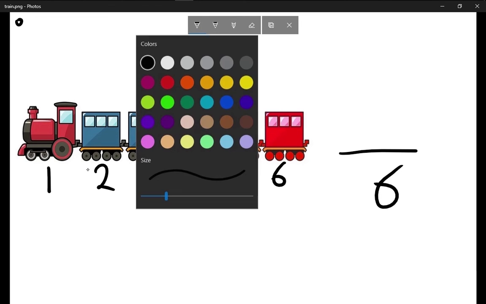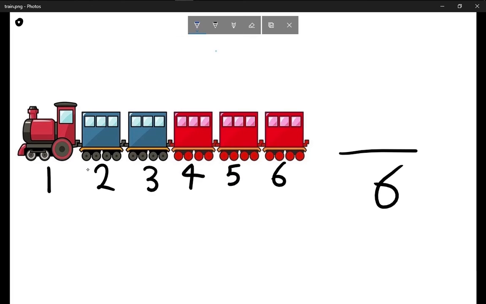Now let's count the total number of blue cars in the train. 1, 2. So you can say the fraction of blue parts to the total number is 2 over 6. That is the fraction of blue cars to the total number of cars available on the train.